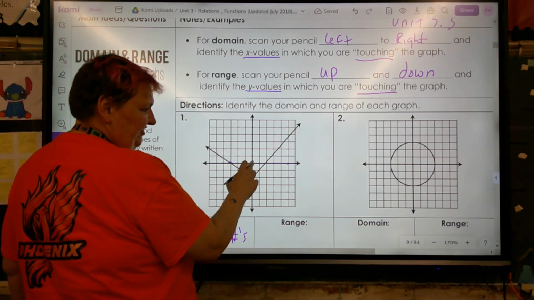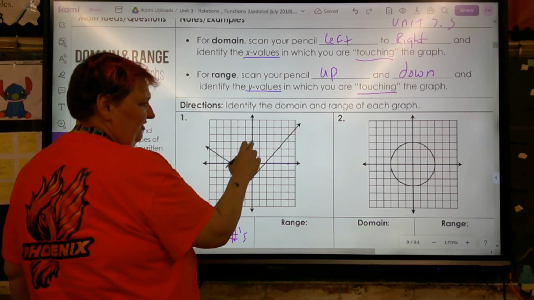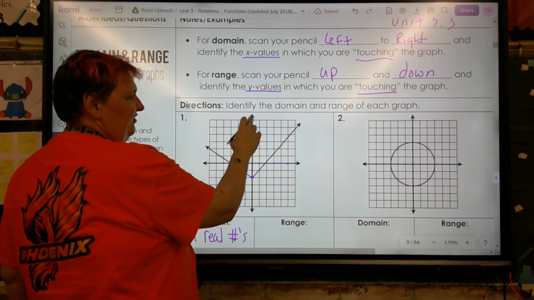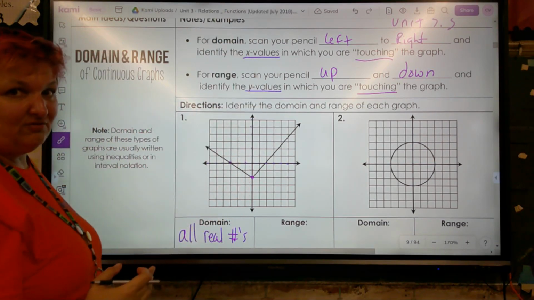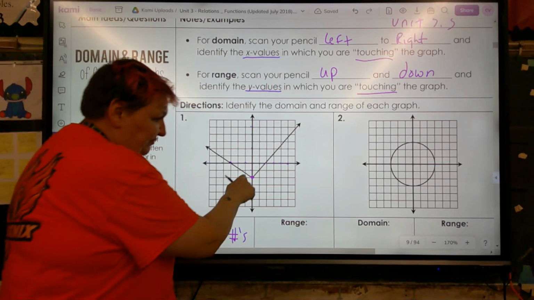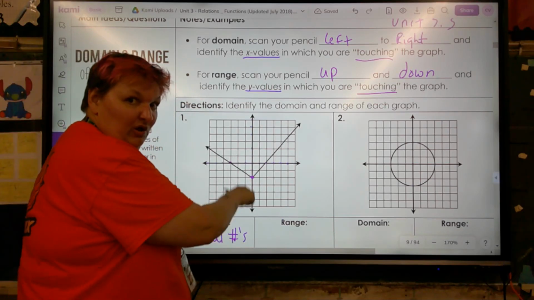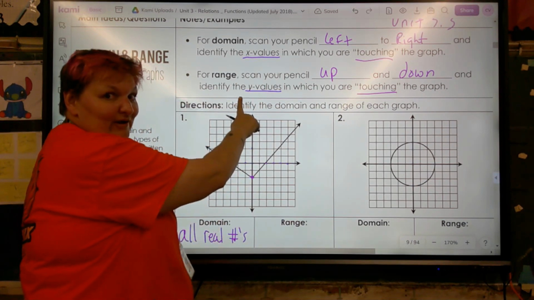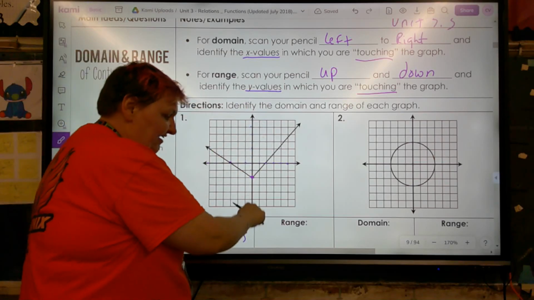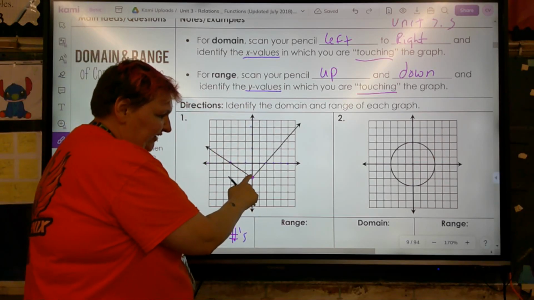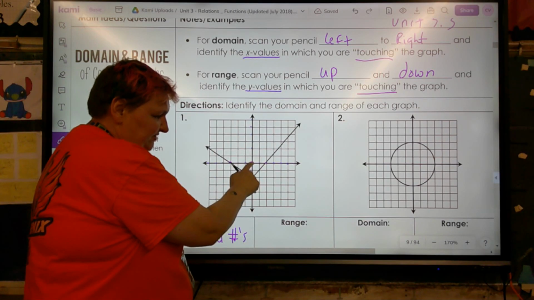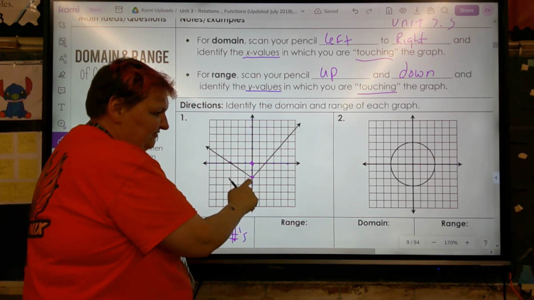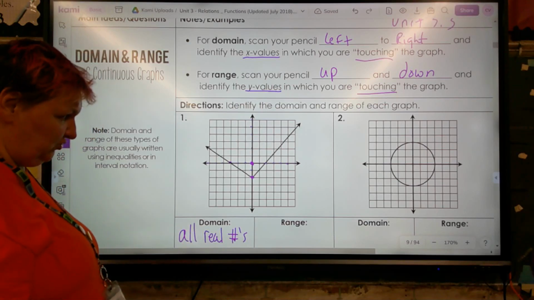It's going to touch here, here, and forever in that direction. But it's not ever going to go below that point. Get it? It's going to go up forever, but it's never going to go below this point. And this point, because this is the origin, -1, -2. That's a -2.